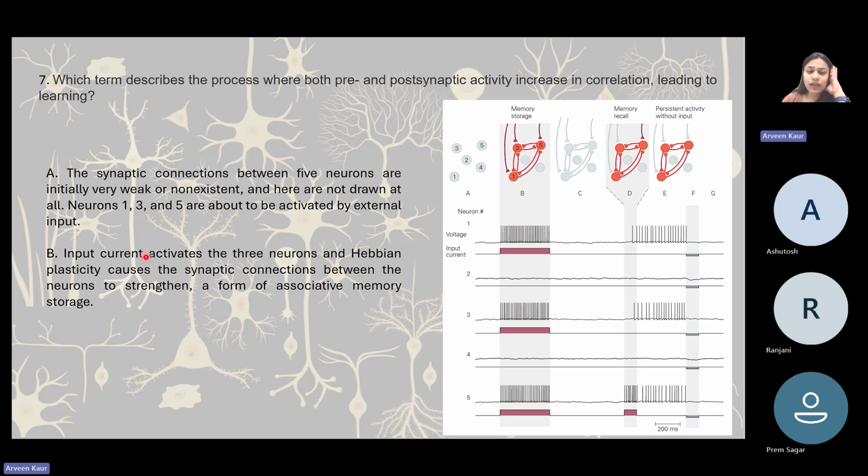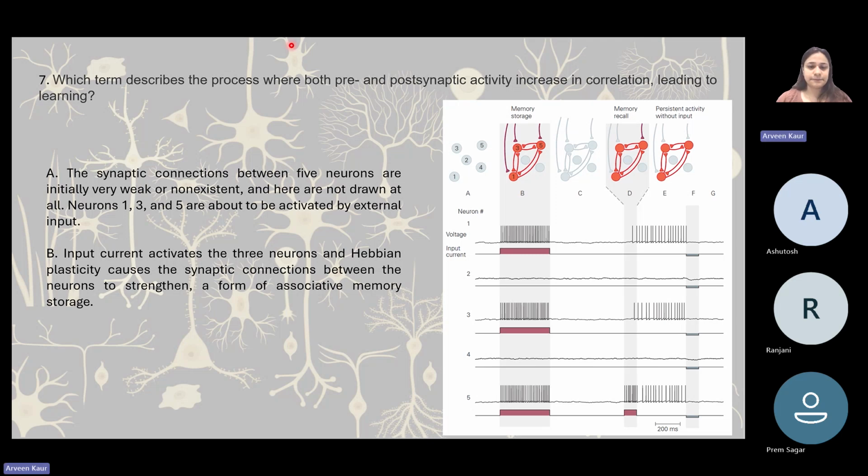The input current activates three neurons, and Hebbian plasticity causes the synaptic connections between the neurons to strengthen, giving permanent associative memory storage. So some input is coming, it is getting these three neurons fired particularly, and this synaptic plasticity is remembering that these particular inputs are firing these particular neurons.